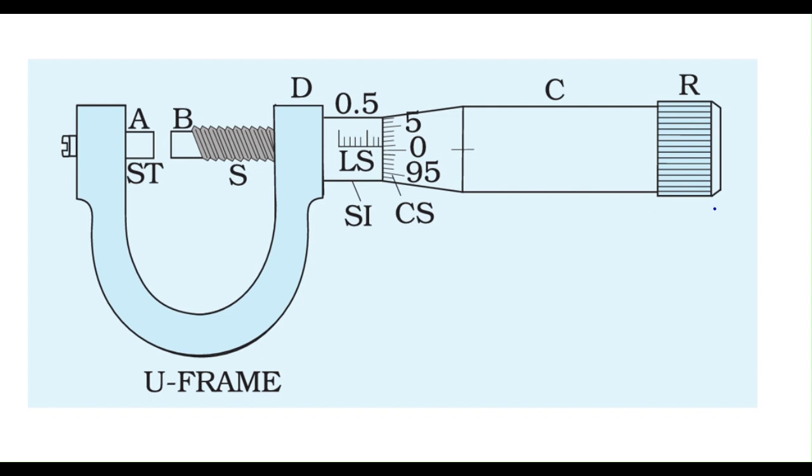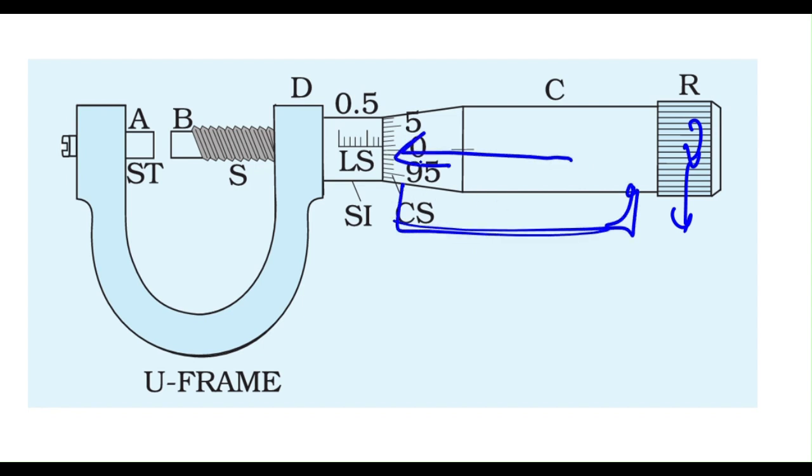Now coming to this side, starting from the far right. This is the ratchet which you can rotate, and when you rotate this ratchet, this head will move this way, and if you rotate in the opposite way, it will move in the opposite way.